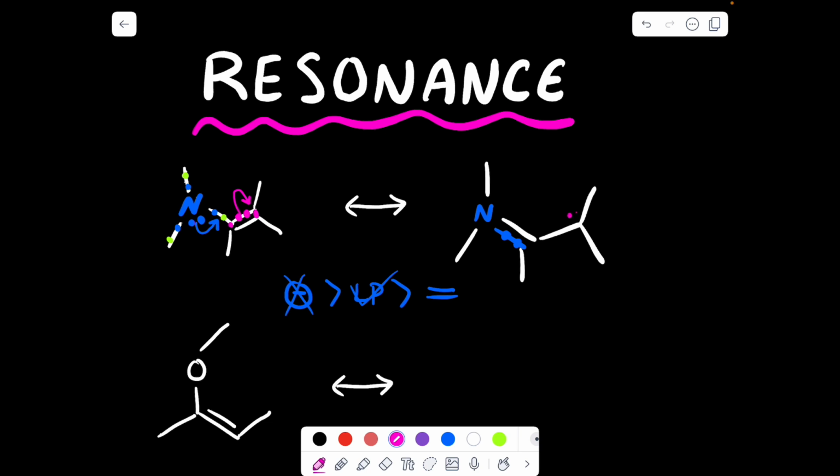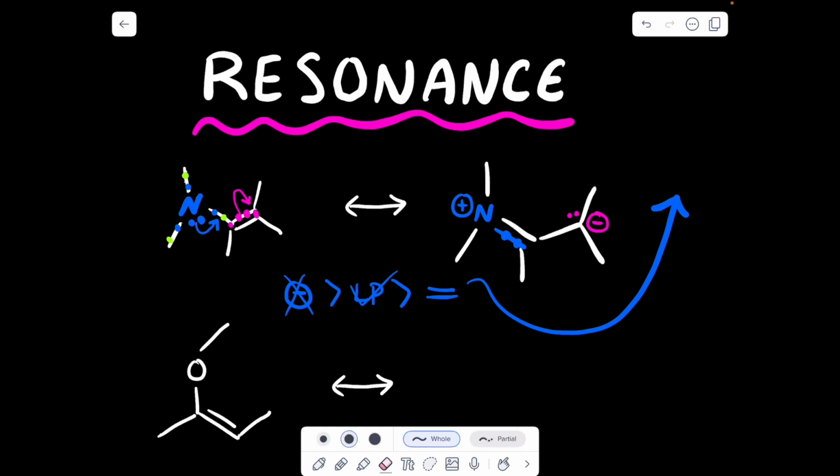So those 2 electrons are now a part of a lone pair on the carbon. Therefore, overall, the nitrogen has lost electrons because we pushed electrons towards the carbon. The nitrogen will become positively charged, and this carbon will become negatively charged.